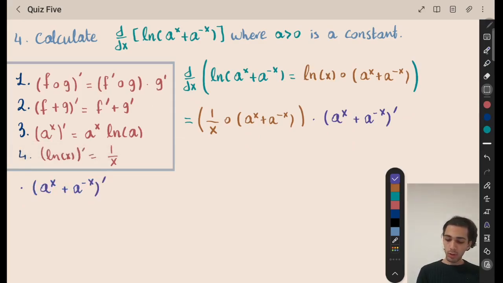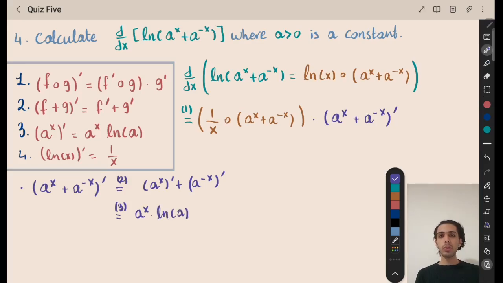And now here, we will apply the second property, and that is the derivative of the sum is the sum of the derivatives. And then I apply the third one, which tells me that a to the x prime is a to the x times ln of a.